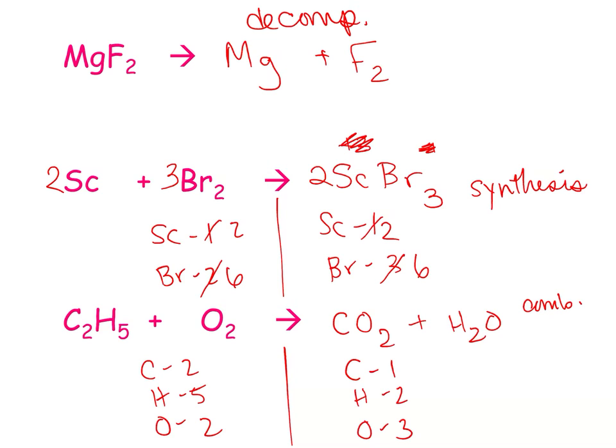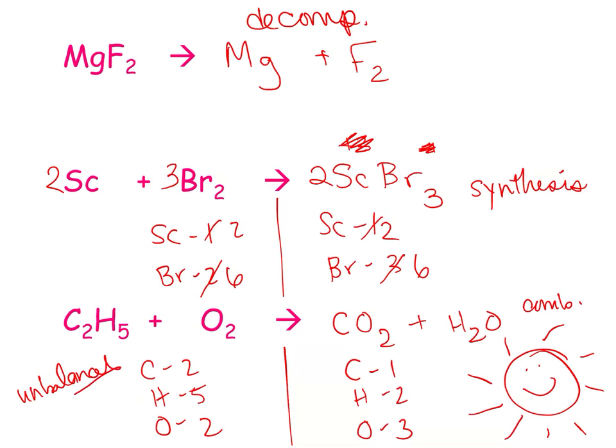What about carbons? Hydrogens need to be 10. I'm going to guess. It's not going to work for my oxygen. Well, maybe. I'm going to leave this just for the sake of time. This is unbalanced. Figure it out.